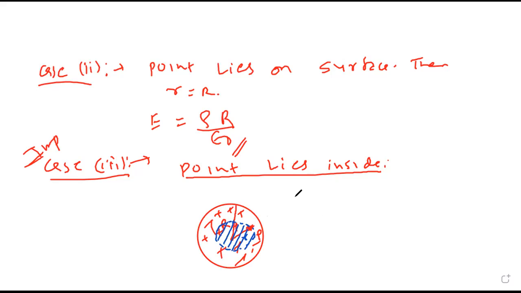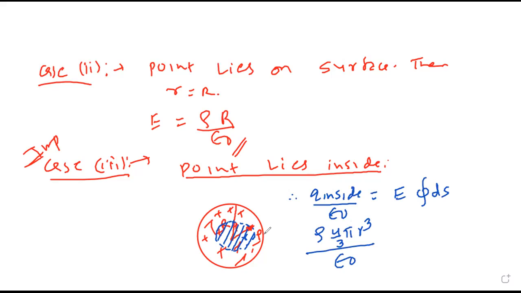Correct? Yes. So can we say by Gauss's theorem, Q inside upon epsilon naught will be E into area ds of the Gaussian surface. Q inside is rho into volume inside, which is 4 by 3 pi r cube, equals to E into 4 pi r square.